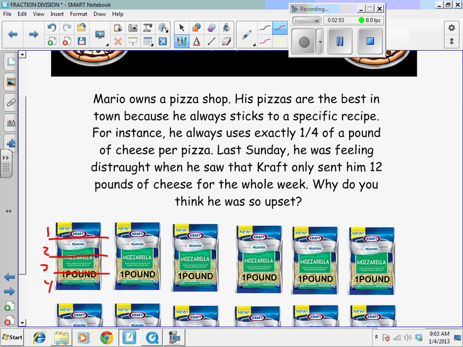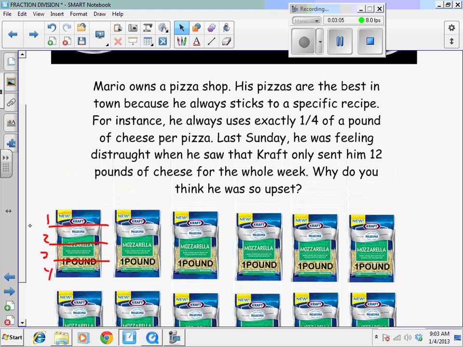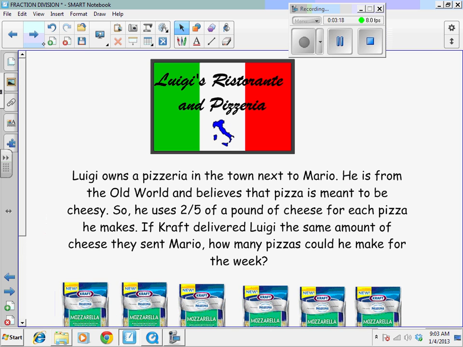We're going to take 12 bags of cheese. Does everybody see where Shay's getting at? She's saying that we have 12 bags of cheese, and we're dividing each bag of cheese by 1/4. Does everybody see that? So the division equation here would be 12 divided by 1/4. Keep that in your mind, and we'll move on to Luigi.